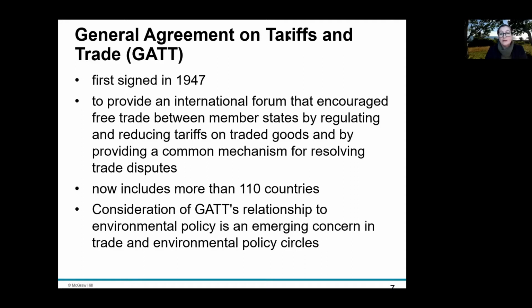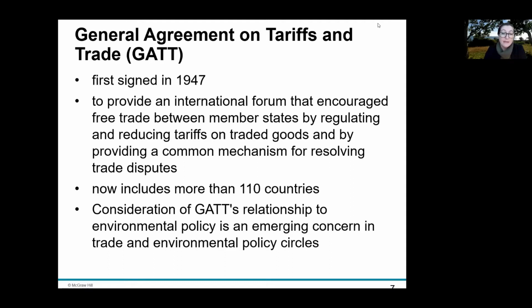Now, the GATT was arrived at first in 1947, and it came about because an international forum of operators wanted to encourage free trade between certain nations by regulating reduced tariffs on trade and finding a common mechanism to resolve trade disputes.